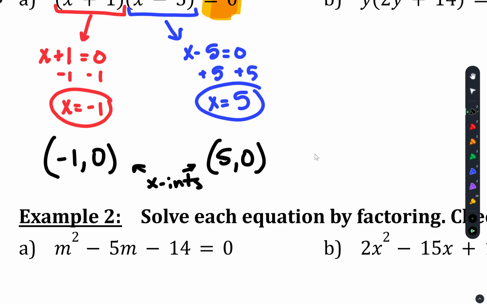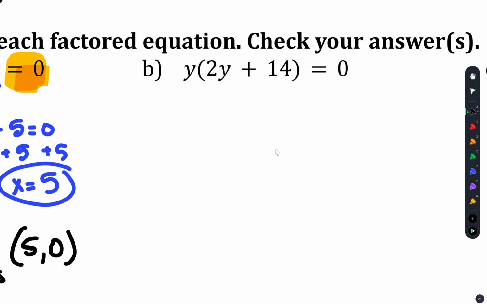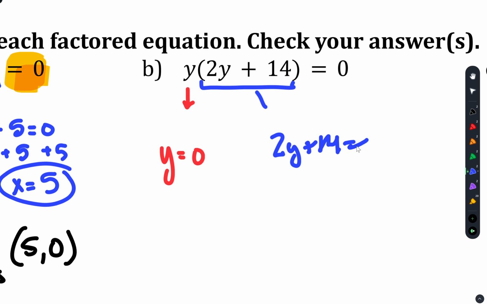Okay. So it's the same rule every single time, no matter what your two things that are being multiplied together look like. In letter B, we kind of have a GCF on the outside. We took out a GCF of y, we're imagining. So y equals 0, and this one would be 2y plus 14 equals 0.